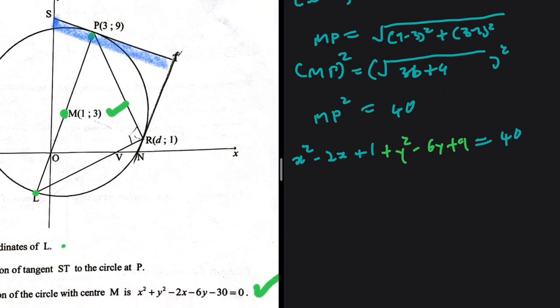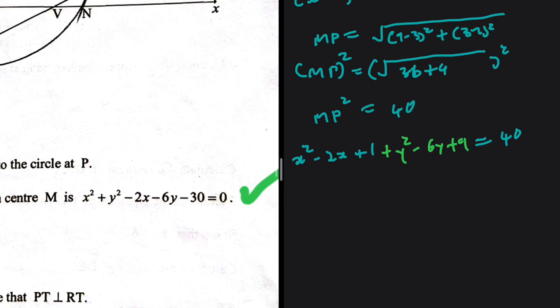So let's rewrite that in the form that we are supposed to. We have x squared plus y squared, it is there, we're just putting them next to each other. And then minus 2x, it's easy to see how that comes about, minus 6y. And then plus 1 plus 9 is 10. And then 10 minus 40 is minus 30. So this is what we are supposed to show.